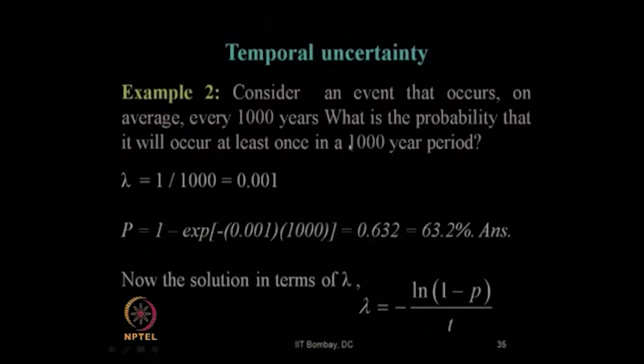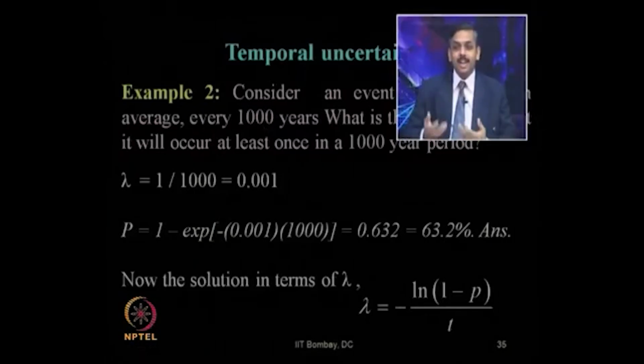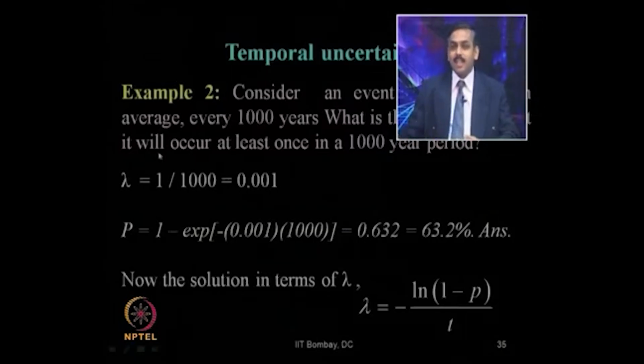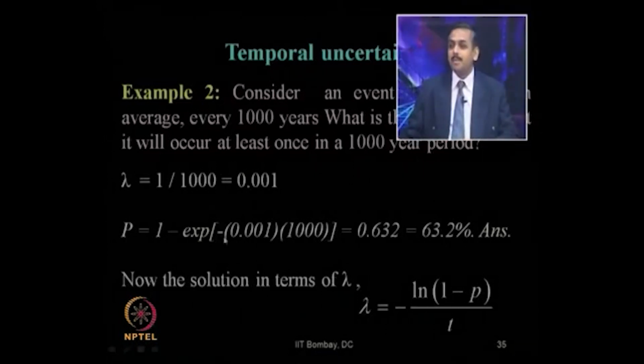So, a layman will say directly, because the given event is occurring once in 1000 years, and those who do not know the concept of probability will simply say, oh, it is already given that it is occurring once in 1000 years. So, if you are asking the probability that it will occur at least once in 1000 years, it should be 1, that is 100%, but it is not so. So, let us see what probability tells us.